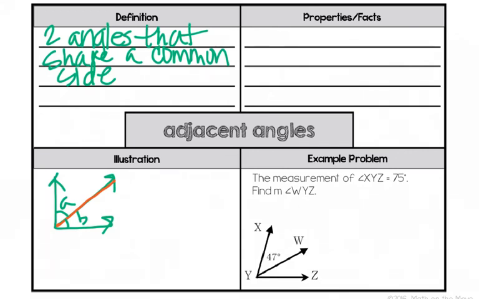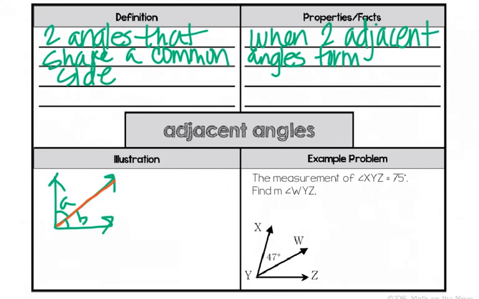So put when two adjacent angles form a straight line, it is also supplementary.